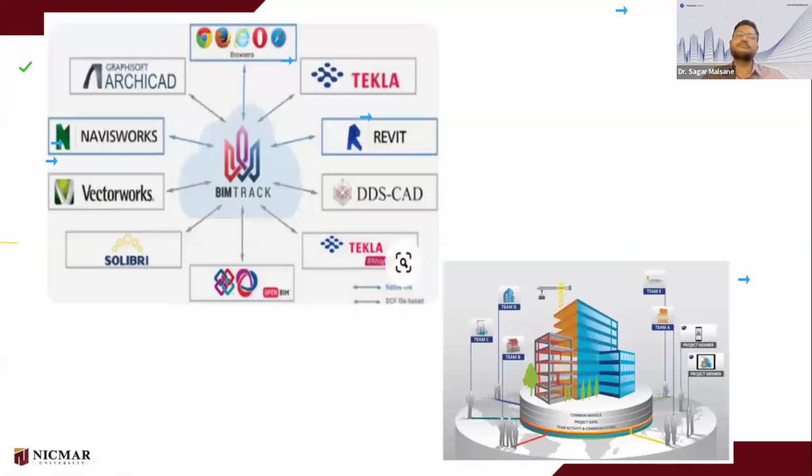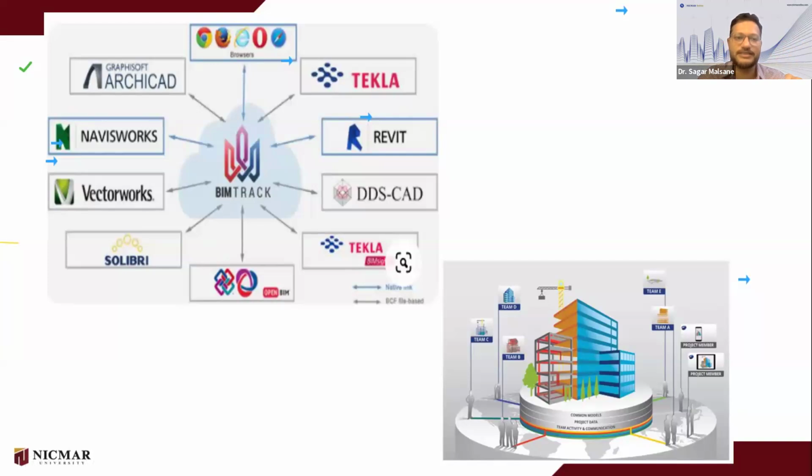Okay, so if you see the picture here, you can use different software applications to provide your own individual input. Like you can use Revit to do the architectural modeling, structural modeling. But if you want to do energy analysis, you can use Revit Insight or a similar kind of software.